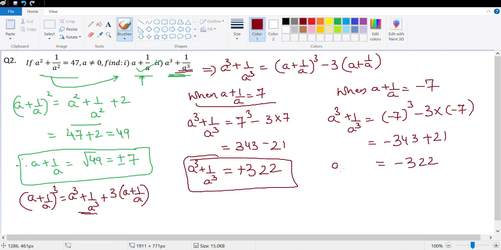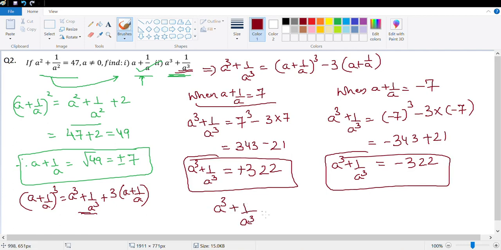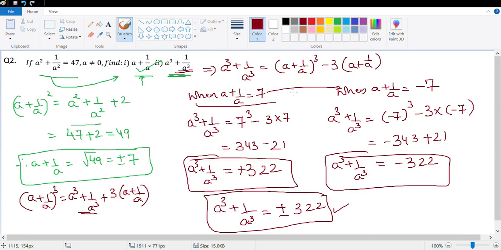So I get two values of a cube plus 1 upon a cube depending on the value of a plus 1 upon a, which means the answer is a cube plus 1 upon a cube is equal to plus minus 322. Done. When we solve the next question, I'll show you how you can put both these values in the same equation and not have to do it two times.